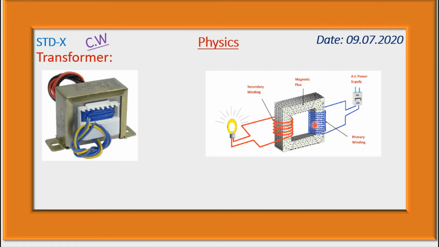Due to this changing magnetic field, the magnetic flux through this coil will change. Therefore an induced electromotive force or induced current is produced through this coil.